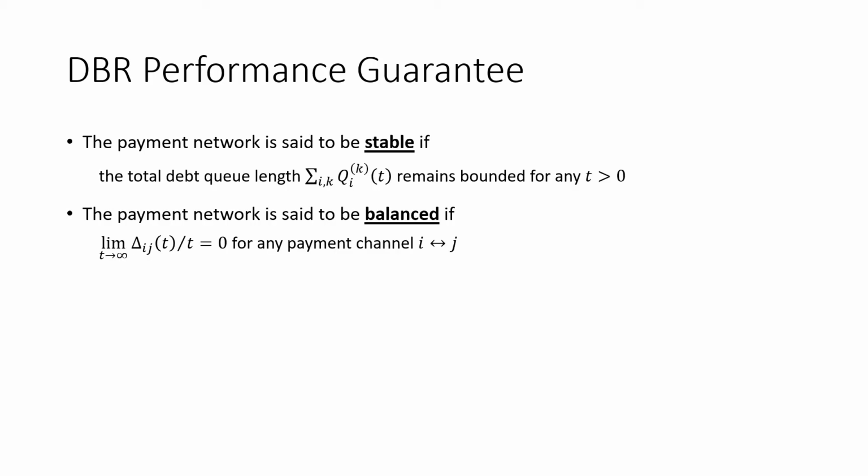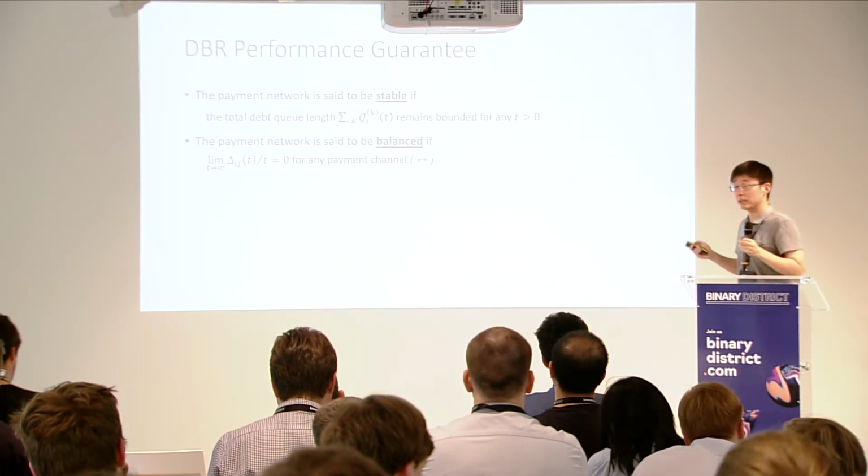So we define the network payment to be stable if the total debt queue, like the payment waiting in each intermediate node that is waiting to be transferred, remains bounded for any given time. Then we call the network stable. And then we define the network is balanced if, say, for the total of the network, the payment from one direction to another and the reverse direction are roughly the same.